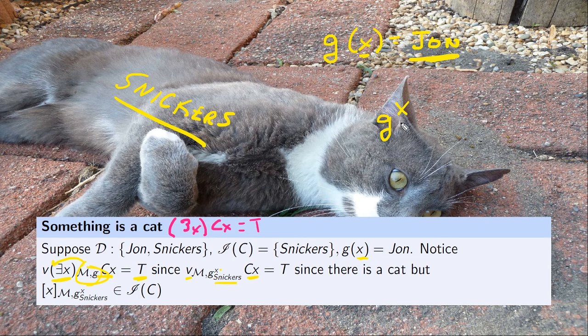It's just like G, except instead of it referring to John, which it did originally, we'll have it refer to Snickers here. And since this is a variant variable interpretation, when we take X, it's going to refer to this cat. And if X is now denoting this cat, then the formula CX will come out as true.